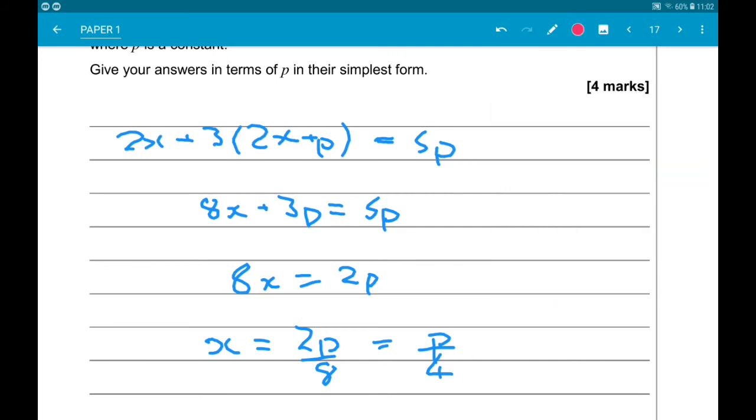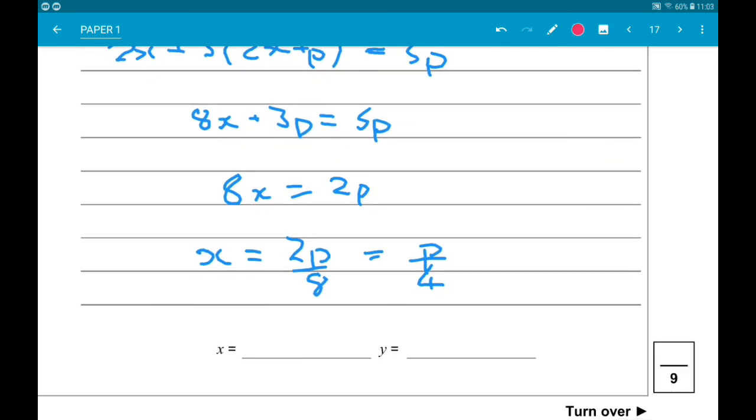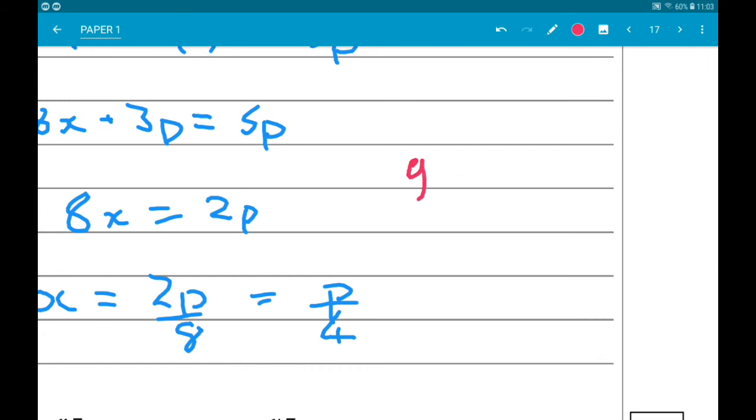Now to find y, we know that y is 2x add p. So y is 2 times p over 4 add p.